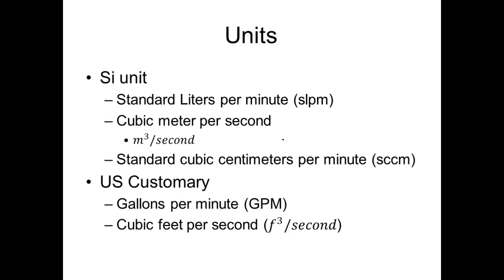But if I give a reference, then I can compensate for that because I know what it measures at sea level at this temperature, and I know my elevation and my temperature, then I can compensate for that. Now, usually it's not that critical.